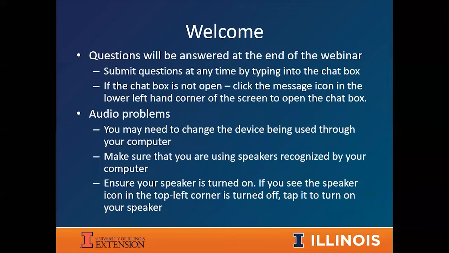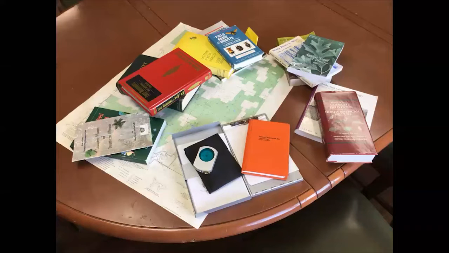So with that, we will get started. So really one of the great things about this smartphone era and the ability to use these smartphone apps is we're no longer required to carry all of these different tools with us into the field, which, as we know, could be pretty unwieldy if you're looking into many different things.